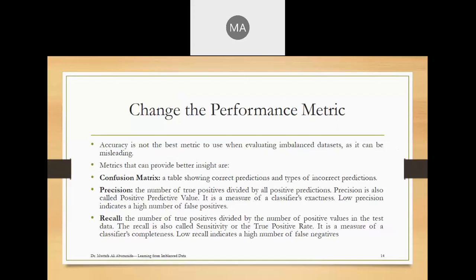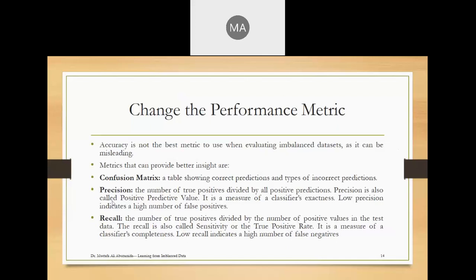It is a measure of the classifier's exactness. The recall is the fraction of true positives over the number of positive values in the test data. The recall is also called sensitivity, or the true positive rate.